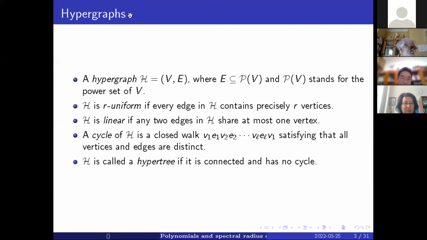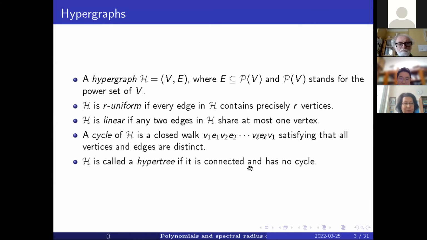By a cycle of a hypergraph, we mean a closed walk such that the vertices V1 up to VL are distinct, and the edges E1 up to EL are distinct. A hypergraph is called a hypertree if it is connected and has no cycle.